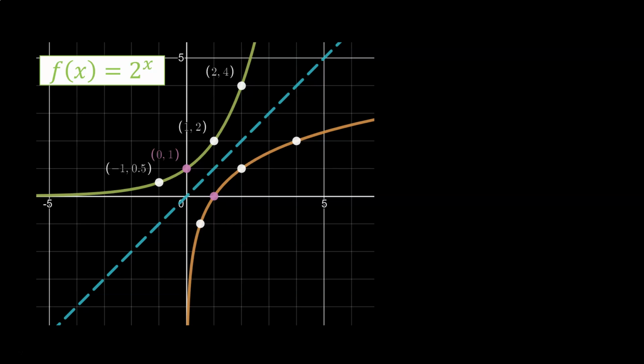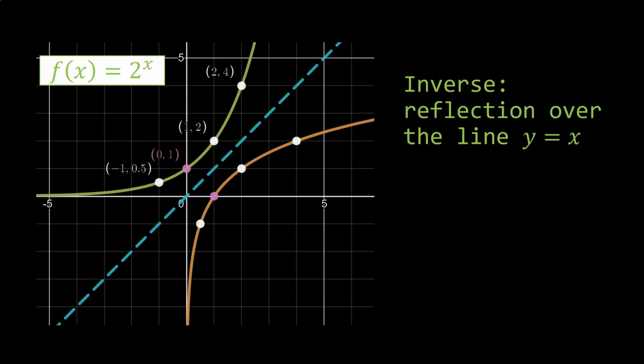Now, we define the orange function there to be the inverse of the green. What is the inverse? It's the reflection of the function over the line y equals x. So this right here is the line y equals x. When we look at the reflection, we notice that instead of (0, 1), the new point on the inverse is (1, 0).